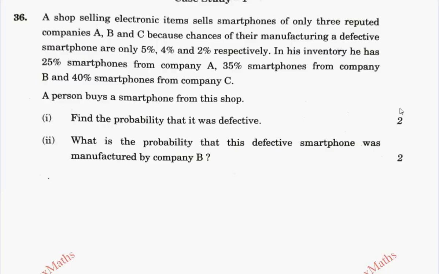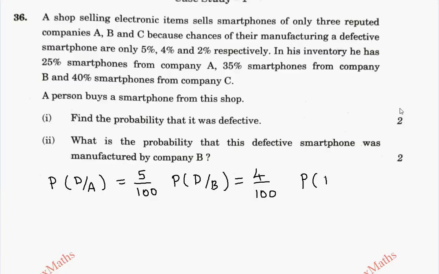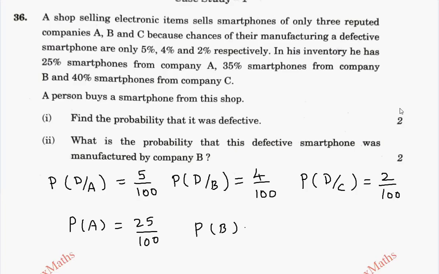So we have to take that as P of D by A, that is the phone manufactured by company A which is defective is 5 by 100 and P of D by B is 4 by 100 and P of D by C is 2 by 100, and in his inventory he has 25% smartphone from company A, so which is P of A, that will be 25 by 100 and P of B is 35 by 100 and 40% from company C, which is P of C 40 by 100.